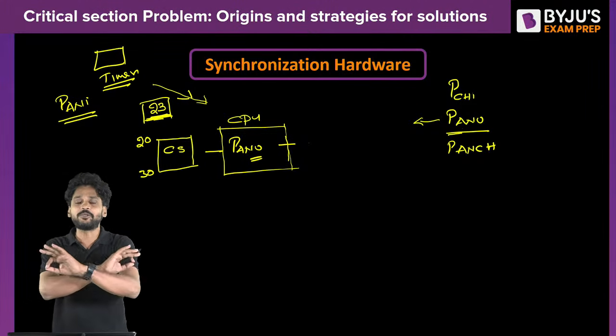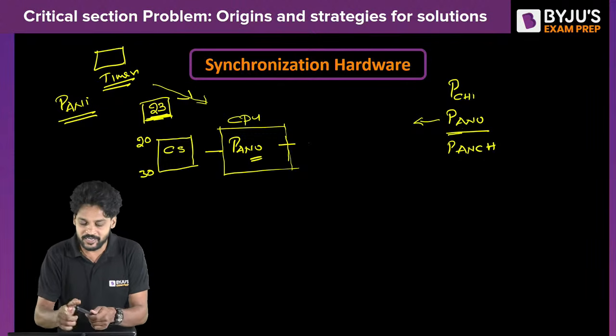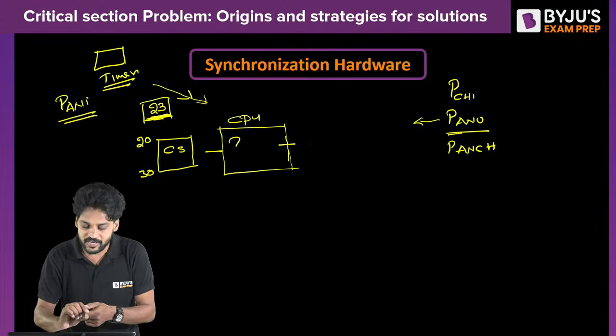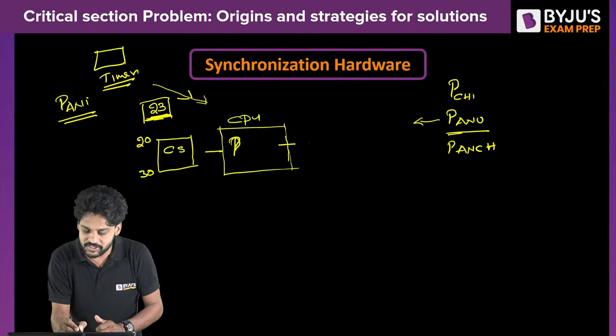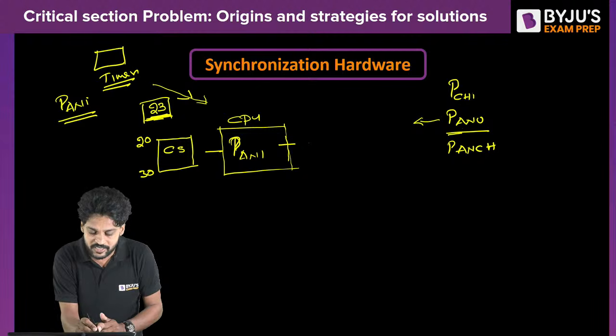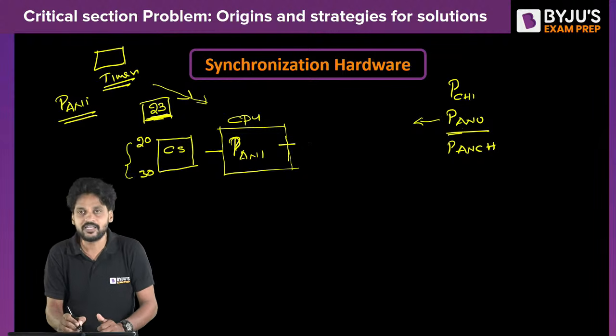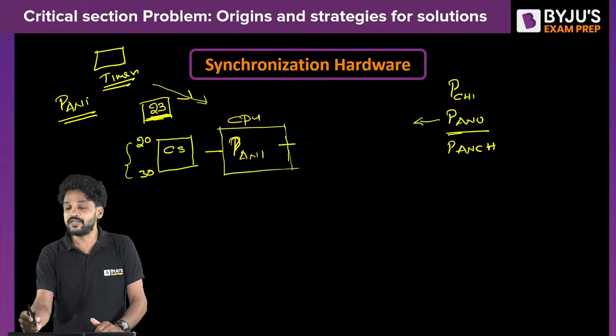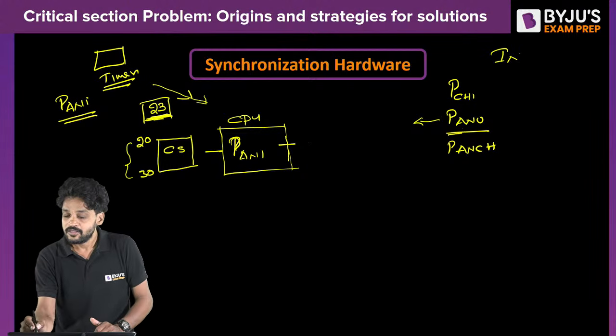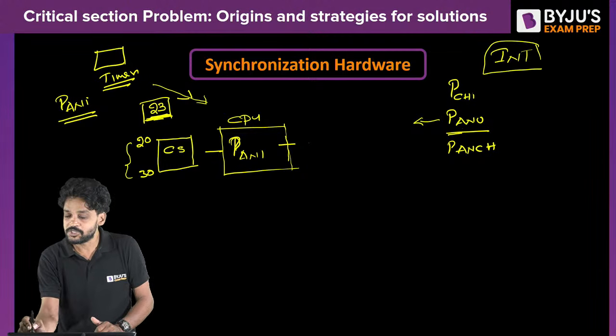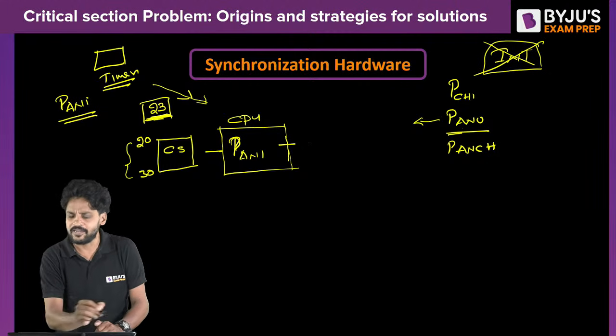System interrupts will totally be disabled. That means, let us say, myself again, process PANI, is executing. Now he is in his critical section. When he is in the critical section, immediately the total system interrupts will get disabled.